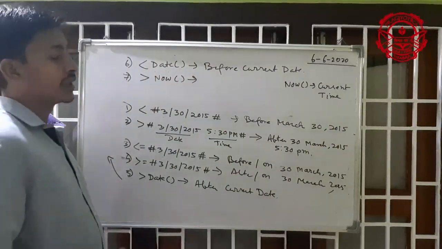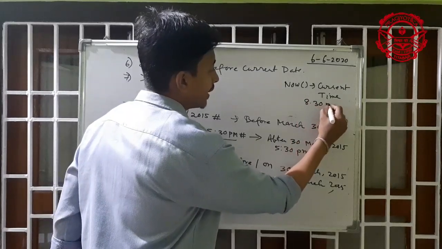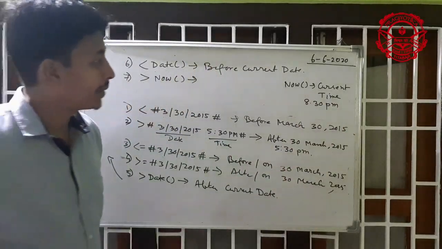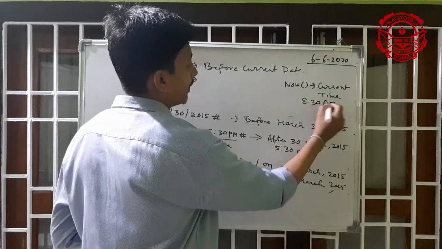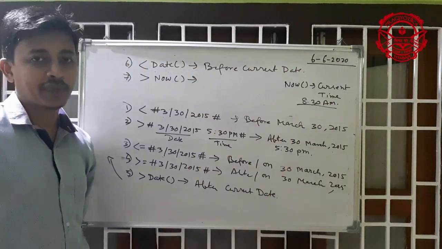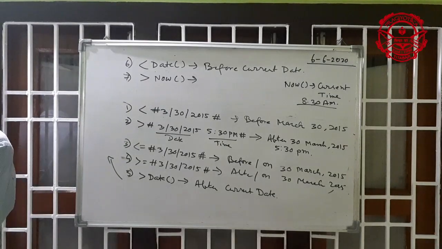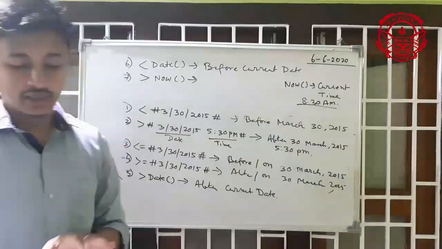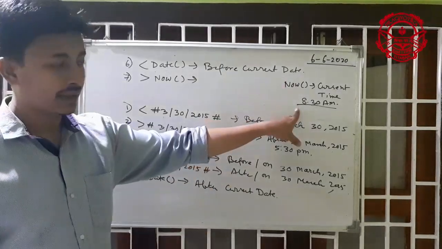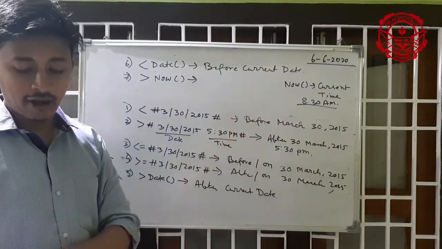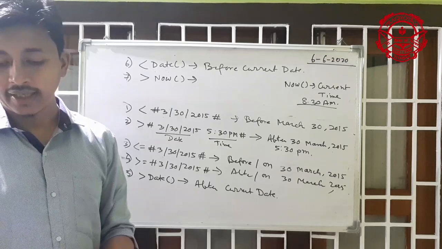Say I am playing this video now at 8:30 a.m. It will give 8:30 a.m. Greater than Now means the date occurs today and after the current time, or any day in the future.